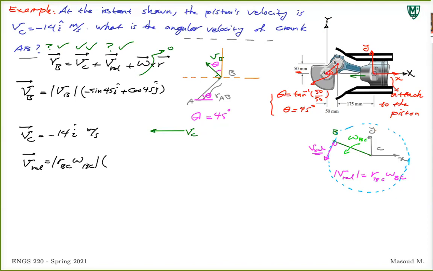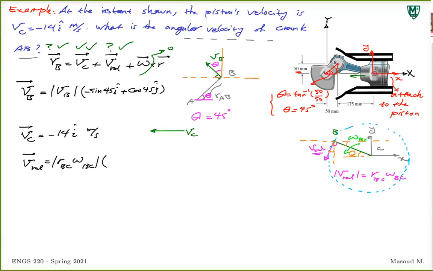Let's draw this. You have to find this angle. I think we can find this angle, which is equal to this angle. Right? We can just use that, and then which is equal to this angle right here.